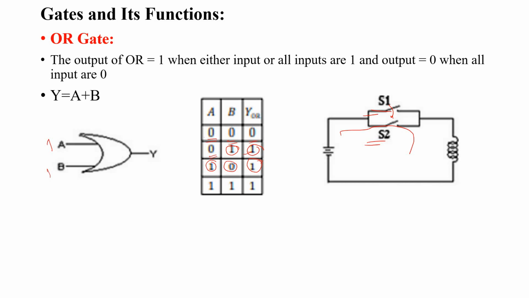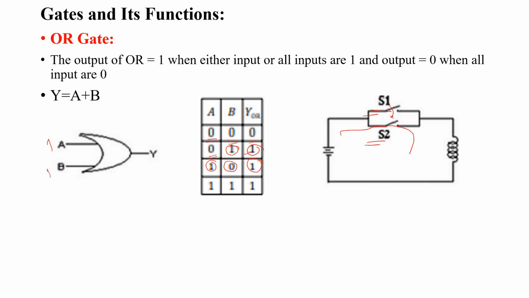So let us take an example. Let us say when you are traveling on the road and you have two options, either this or this. When the traffic on road A is heavy, there is a blockage on the S1 path.